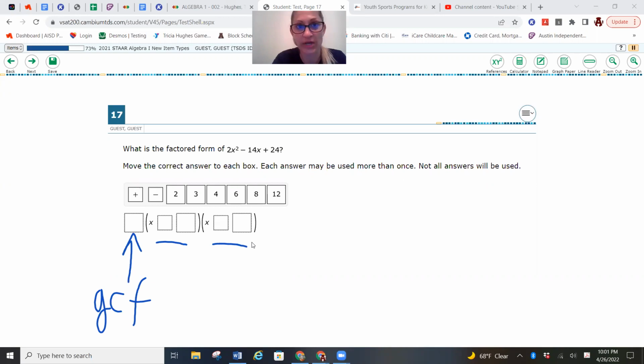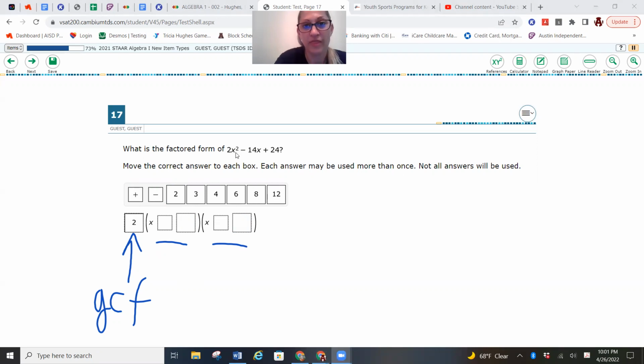GCF means what's the greatest common factor between that, and that? Yes, Coach Hughes, 2, 14, and 24 are even numbers. When they're even numbers, there is a 2 in common. What does that mean? Take out a 2. Drop it right there.